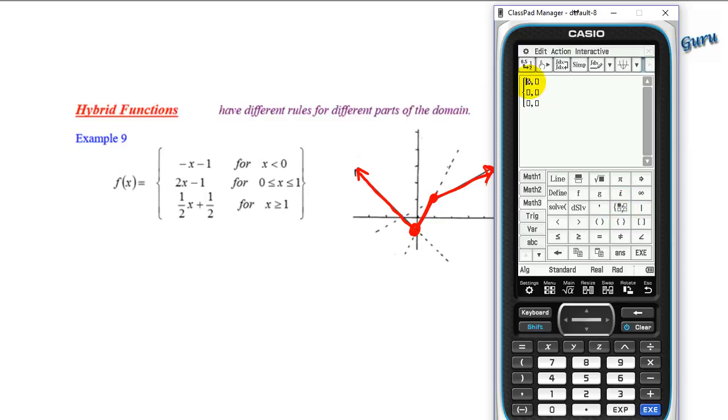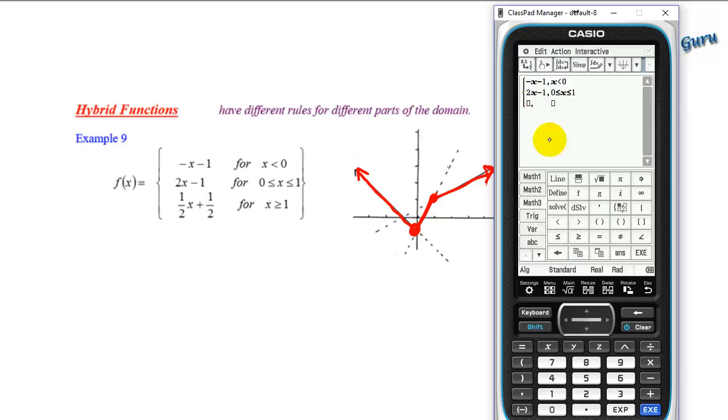I want to put in multiple values, so I've got minus x minus 1 when x is less than 0. I've got 2x minus 1 for 0 is less than or equal to x, which is less than or equal to 1.